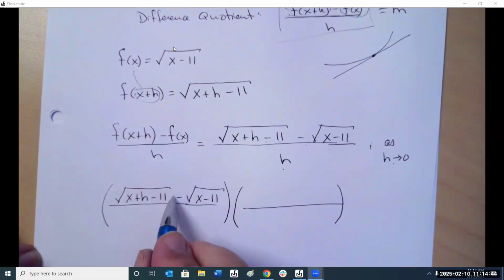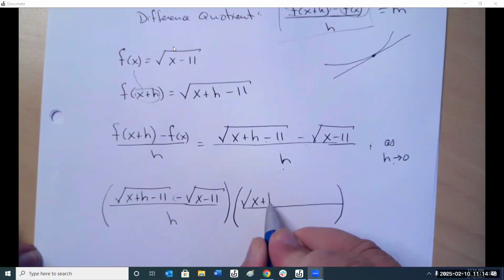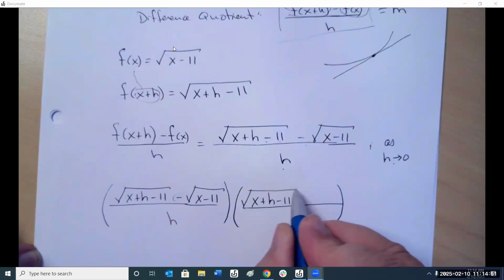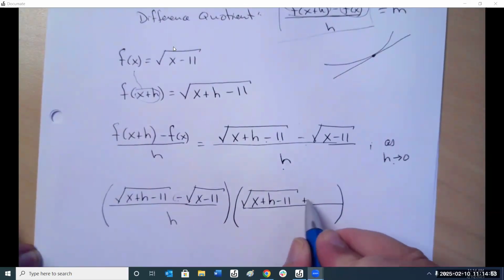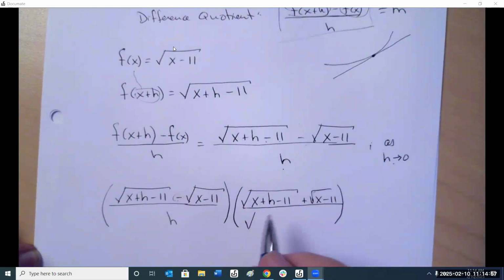The conjugate is just change the sign between them. So it used to be minus, now it's plus. And we have to multiply it top and bottom.